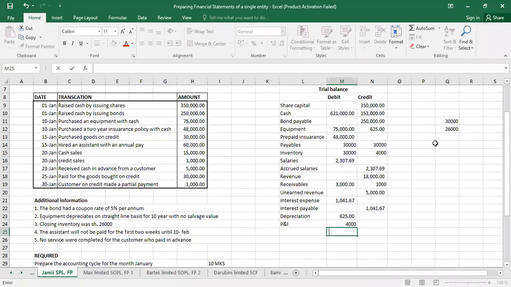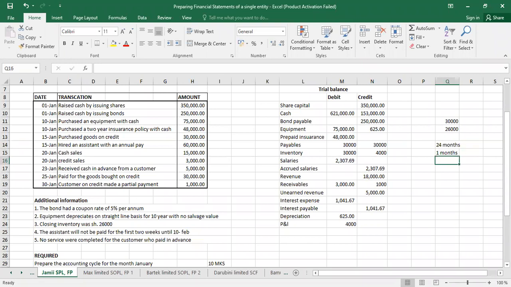For example, we purchased a 2-year prepayment. 2 years has 24 months, and we have only taken 1 month.